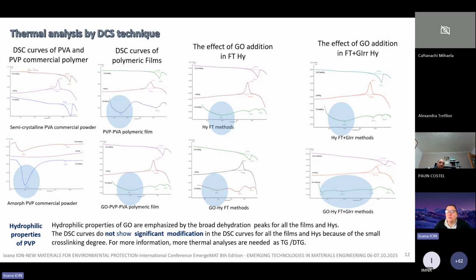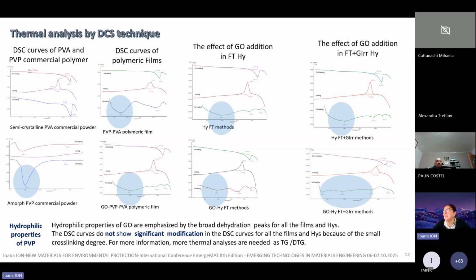In the DSC curve we can see the very high hydrophilic properties of PVA in the first cycle, the blue cycle, and in the other blue cycle there is a small difference, which is not a significant modification brought by the addition of graphene oxide and the irradiation of the sample.